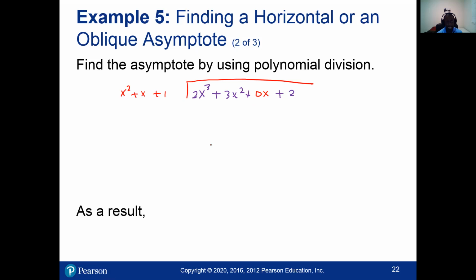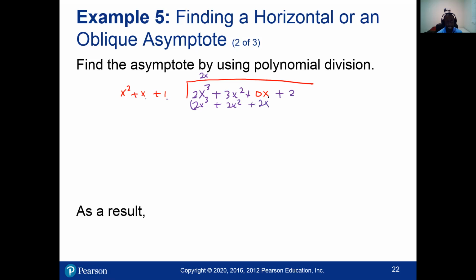So this goes into that how many times? Let us do the math. x squared goes into 2x cubed just 2x times, because 2x times x squared is 2x cubed, 2x times x is 2x squared, and 2x times 1 is 2x.